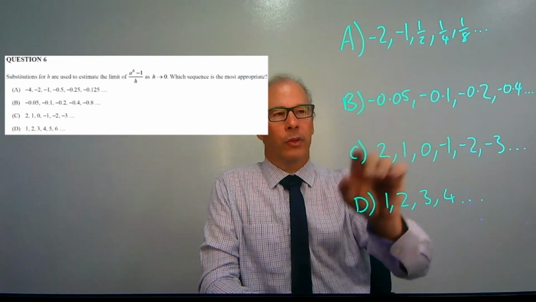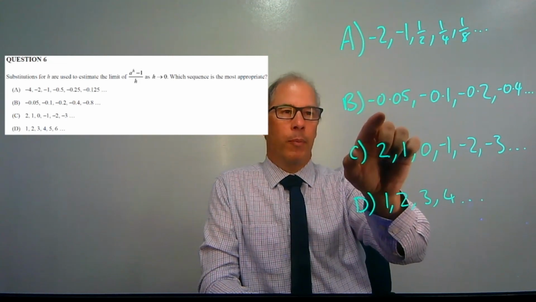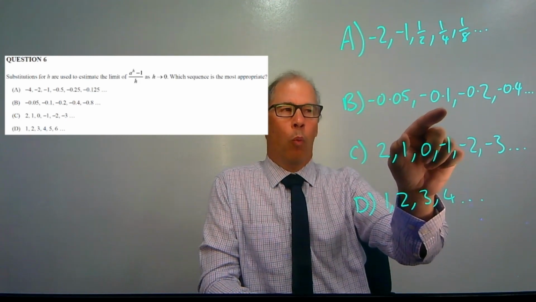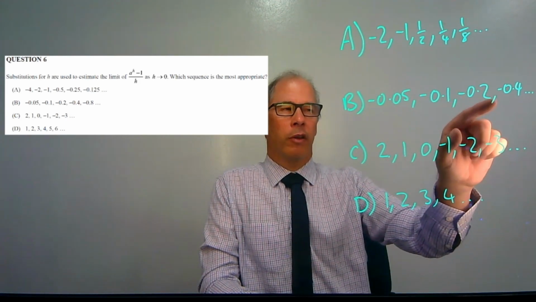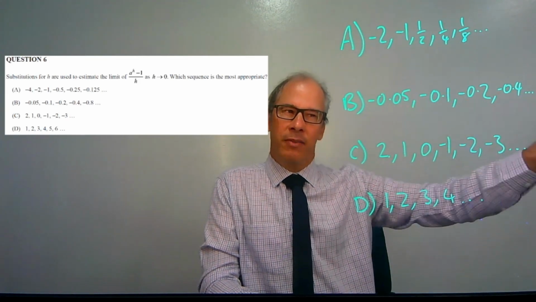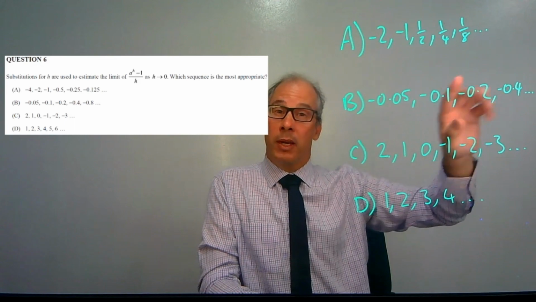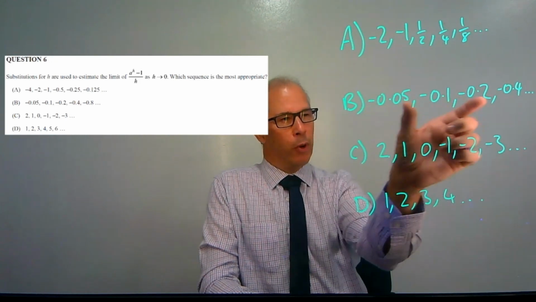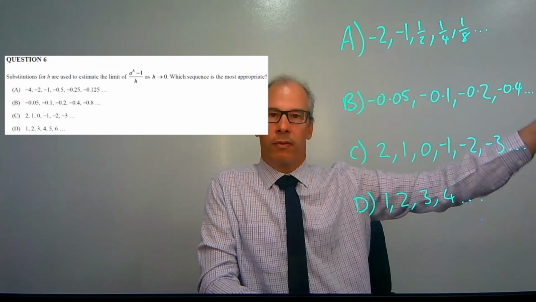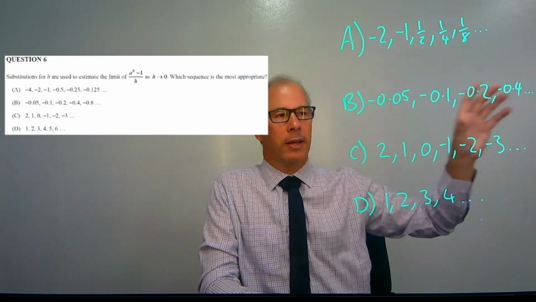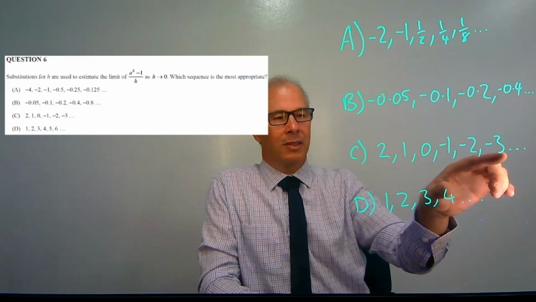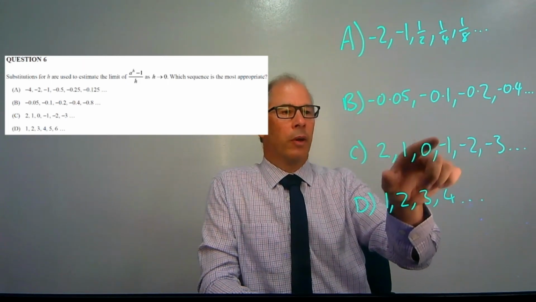B, this one here, we've got -0.05, -0.1, -0.2, -0.4. These look like they're doubling, but they're heading in the negative direction. So it's getting bigger in that negative direction. So this is approaching something really big in that negative direction. So that's negative infinity. Here, similar things happening for C. 2, 1, 0, -1, -2, -3.